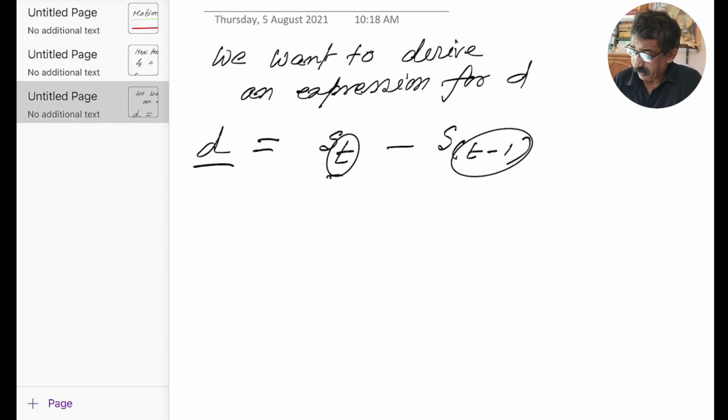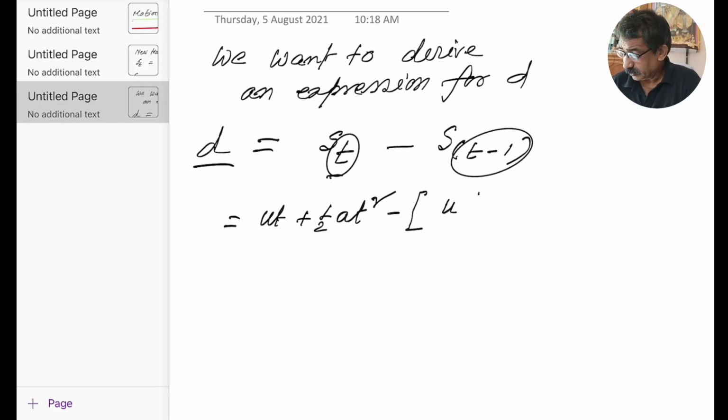So the expression for st, we have already written, is equal to ut plus half at square, and this is equal to, within a bracket we shall take it, u into t minus 1 plus half into a into t minus 1 square. Now we have to deduce the formula.